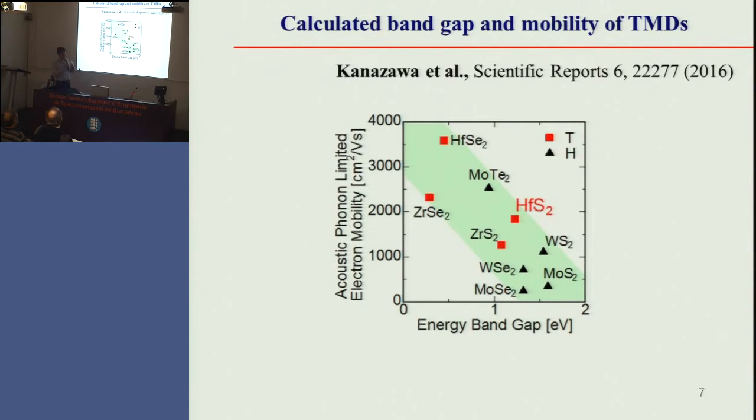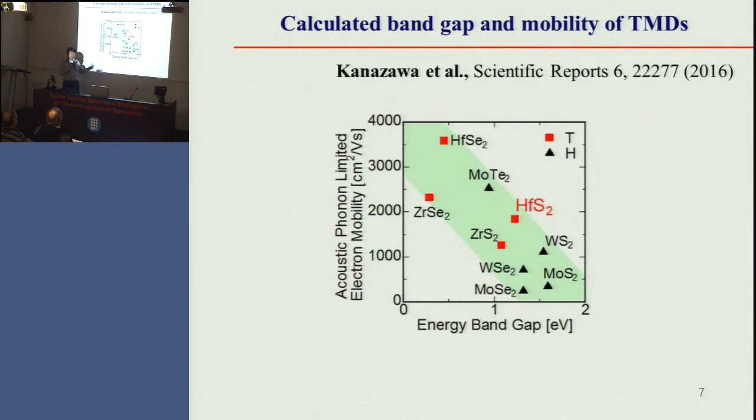Although we can introduce a good band gap in two-dimensional transition metal dichalcogenides, the problem is, according to some calculations, as the band gap increases, the mobility actually decreases. So it's kind of a compensation. If you want a very fast material like graphene, you don't have a band gap.